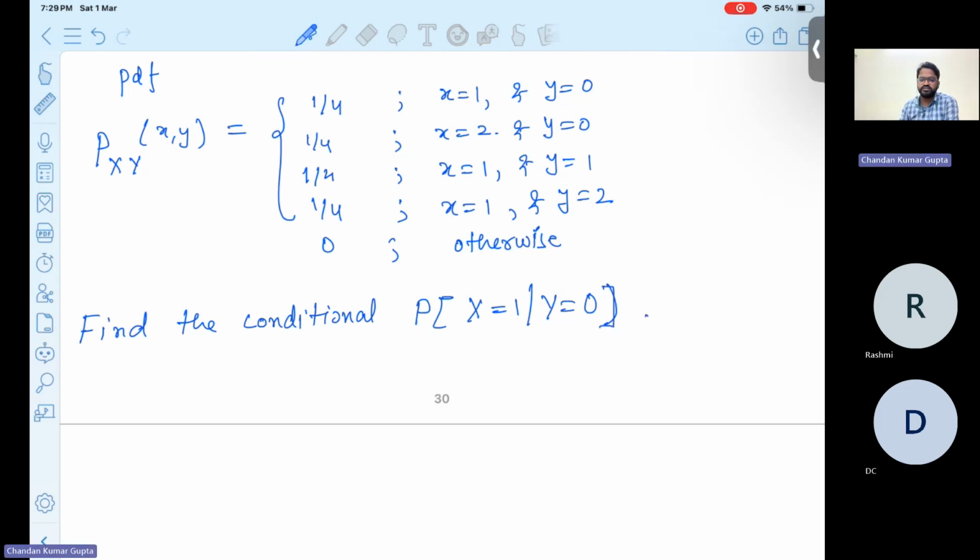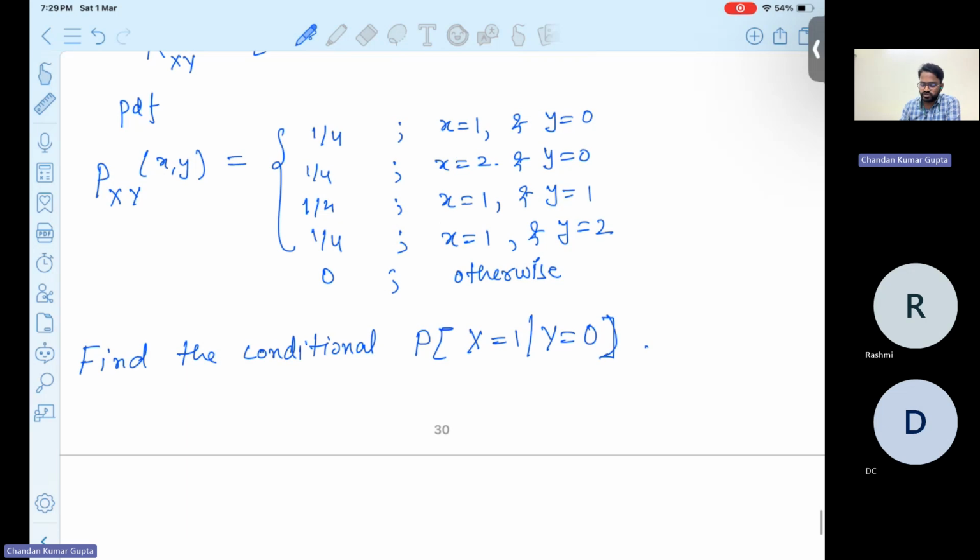We are given the joint probability mass function, and we need to calculate the conditional probability of X equal to 1 given Y equal to 0.